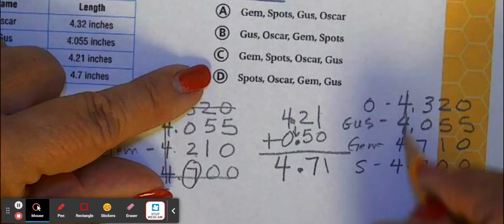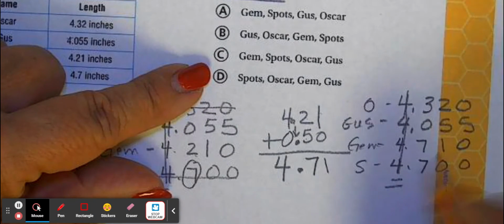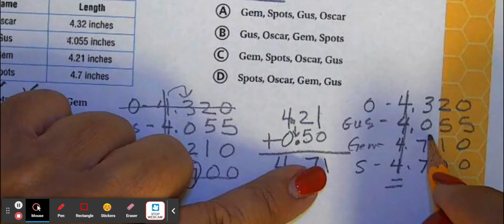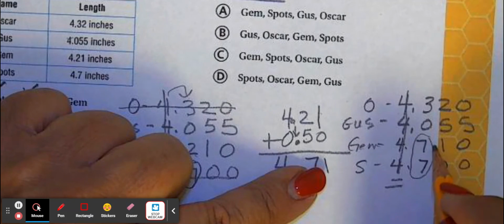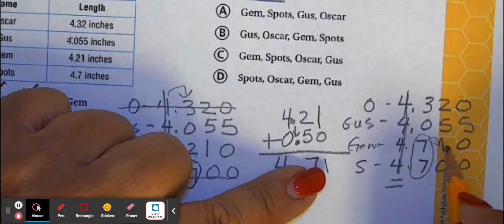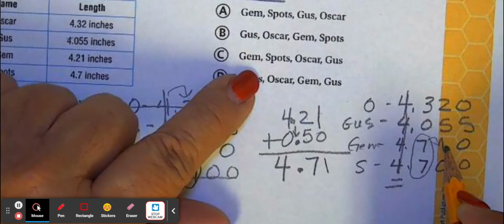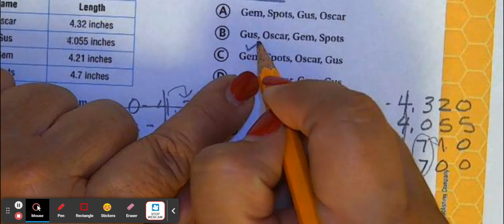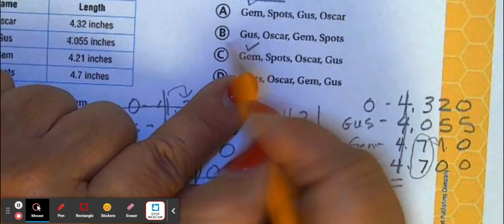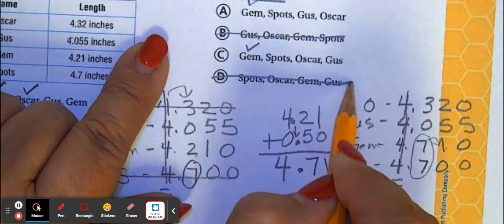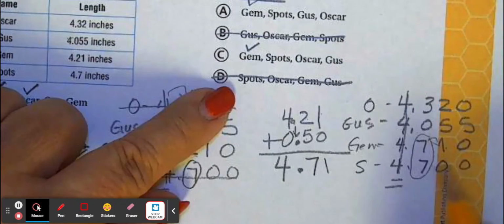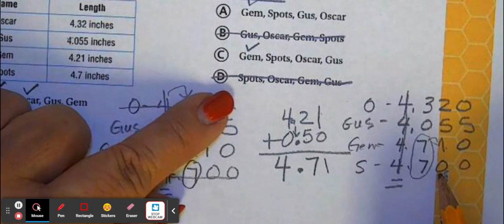All my 4s are equal. I have 2 7s, so I need to see which one is going to be larger. I'm going to move over to the next place, and I can see that now Jem is first. There's a Jem here, so I can cross out these two. Then it's going to be Spots.